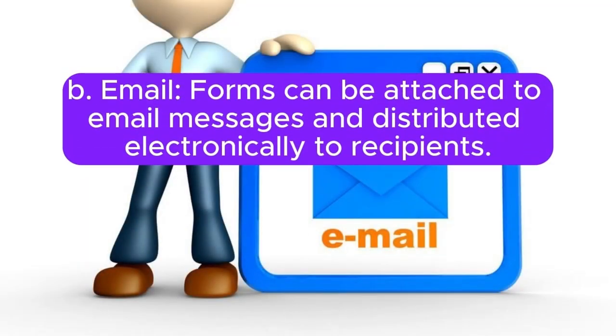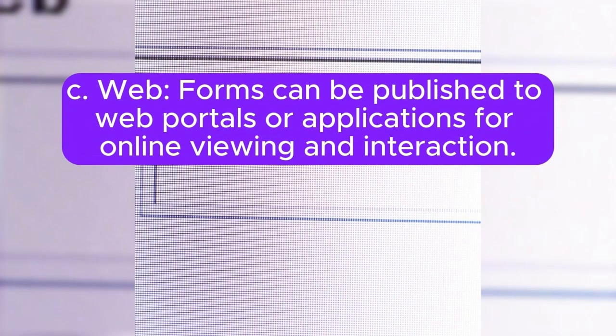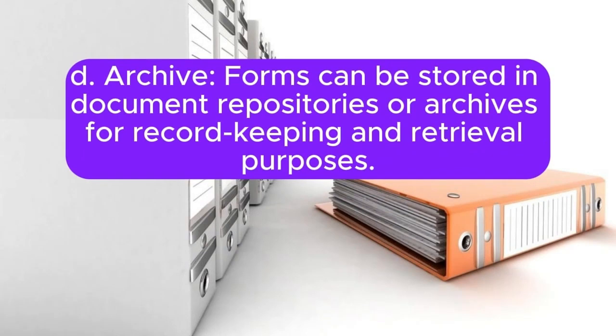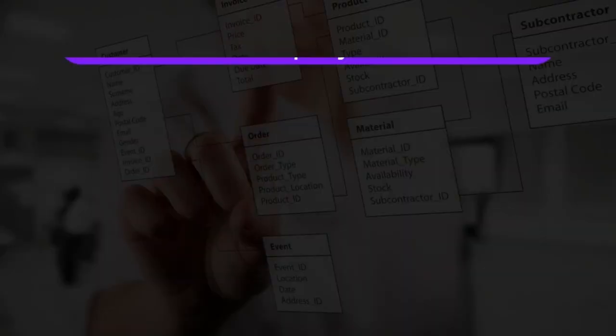Forms can be attached to email messages and distributed electronically to recipients. C. Web. Forms can be published to web portals or applications for online viewing and interaction. D. Archive. Forms can be stored in document repositories or archives for record keeping and retrieval purposes.